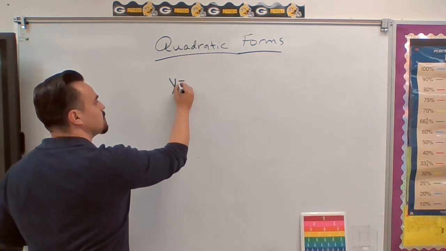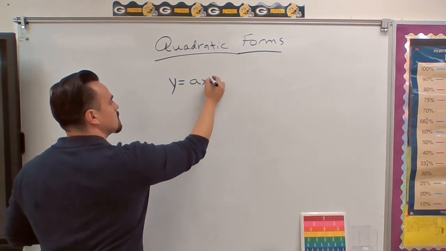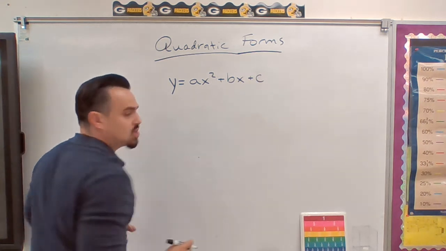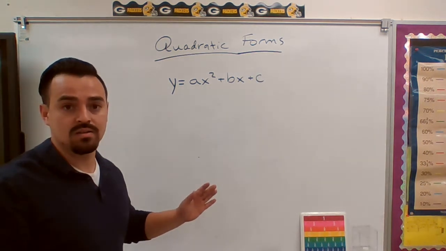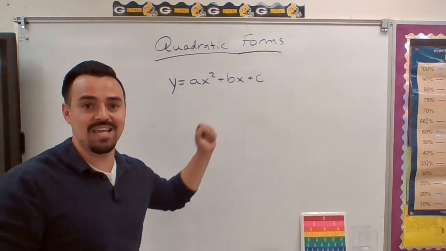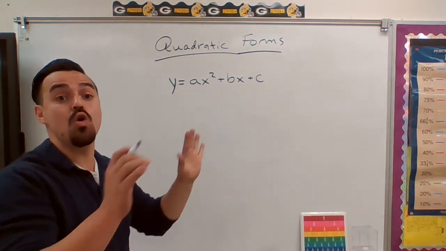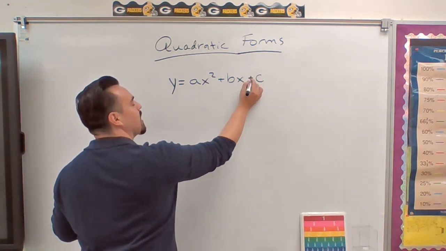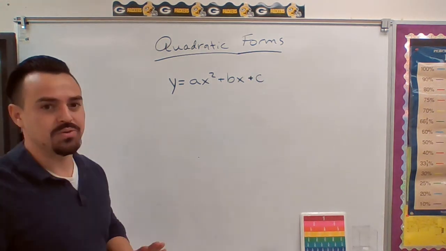The first one we're going to focus on is standard form. Standard form of a quadratic has A, B, and C all as known values, but your y, your x squared, and your x are your variables.